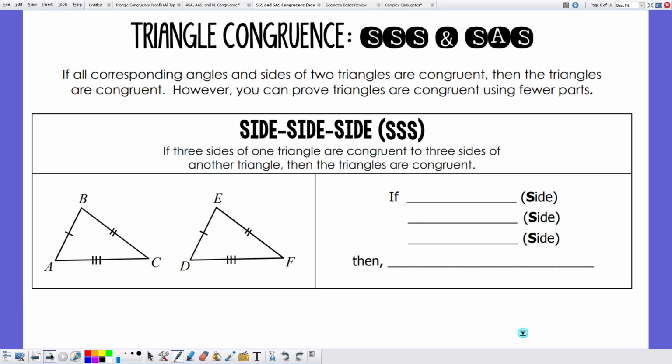So, side-side-side congruence. Here are the steps on what we have to do. We have to show that we have three pairs of congruent sides. So if we establish that AB is congruent with ED, for instance, that's one pair of sides. We have established that BC is congruent with EF.